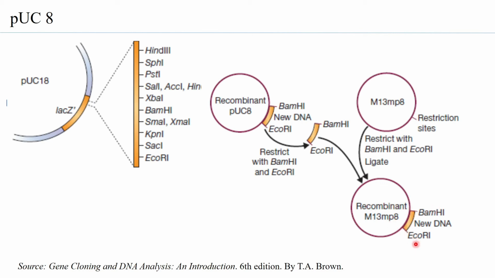One sticky end is created by EcoRI, the second by BamHI, and you have the new DNA insert containing a sticky end of BamHI and a sticky end of EcoRI easily getting incorporated in this recombinant M13 mp8. So such modifications are also possible, and the possibilities of cloning using a greater number of restriction endonucleases have been increased.